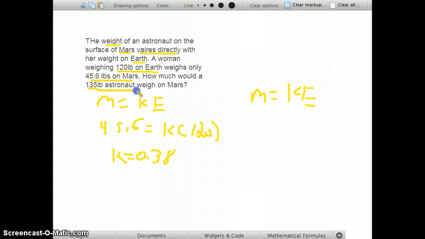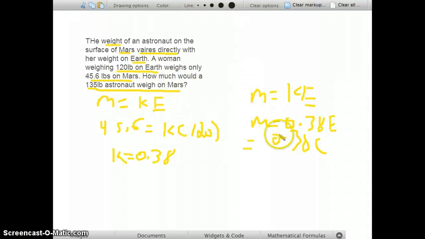And since we have a 135-pound astronaut, M equals 0.38 times E. She's weighing 135 pounds on Earth now, but we're looking for Mars.